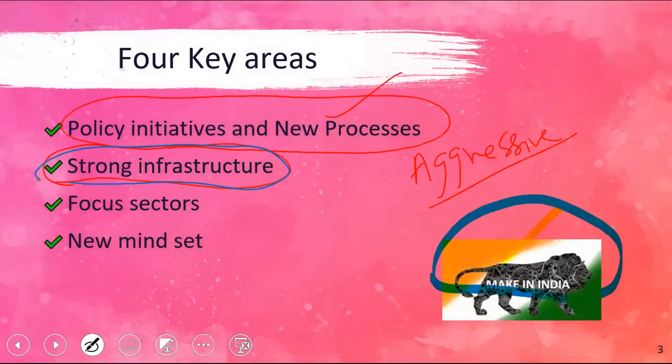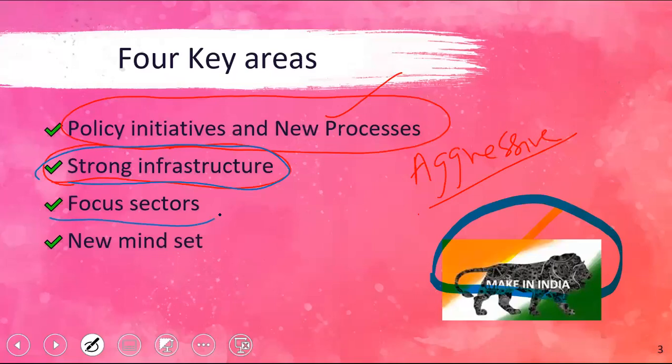There should be good road facilities. Electricity should be provided. Finance should be provided. That is infrastructure. Road, electricity, and finance. Until and unless your infrastructure is strong, you cannot invite any foreign companies to come to India, whatever concessions you give them.